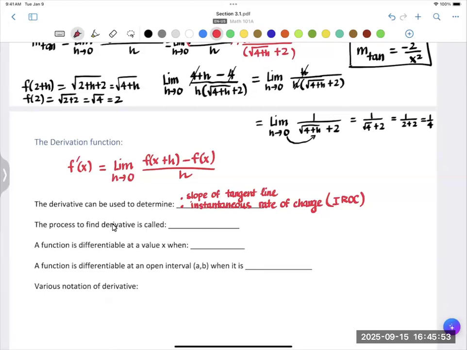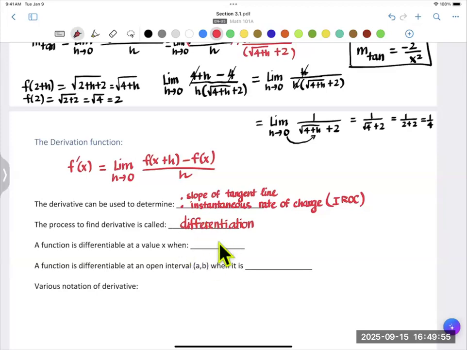So the process of finding the derivative is called differentiate, or differentiation, okay? A function is differentiable at a value x when the limit of the secant slope exists.